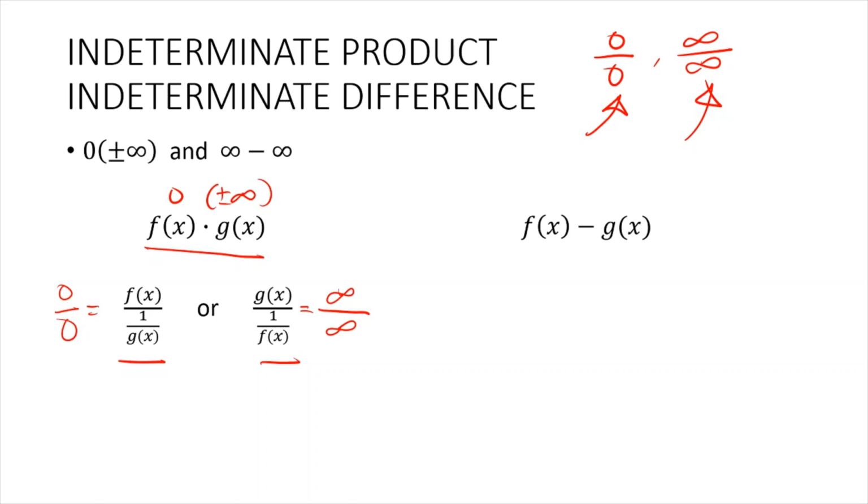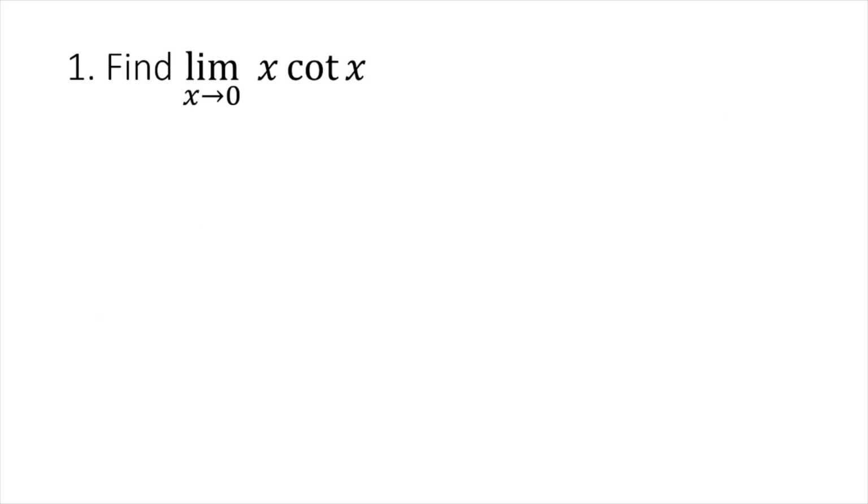Okay, so let's have some examples. First one, we are asked to find the limit of the product between x and cotangent of x as x approaches 0. Okay, so let's try to evaluate immediately as x approaches 0. Let's replace x with 0. So we have 0 times cotangent of 0. Remember that cotangent is the ratio between cosine and sine functions.